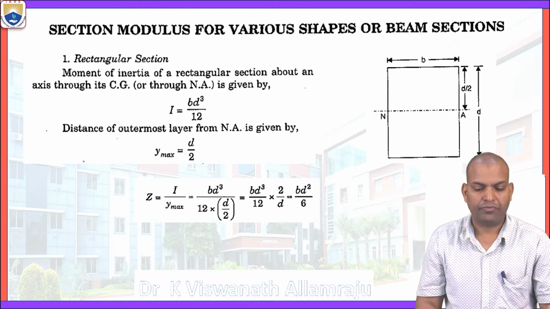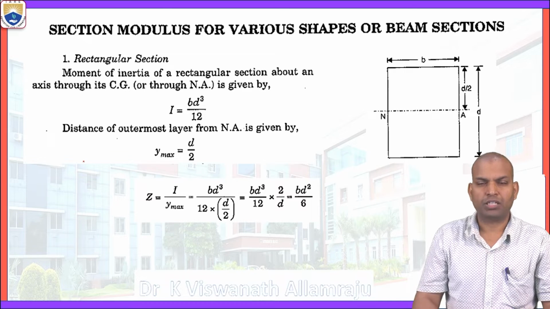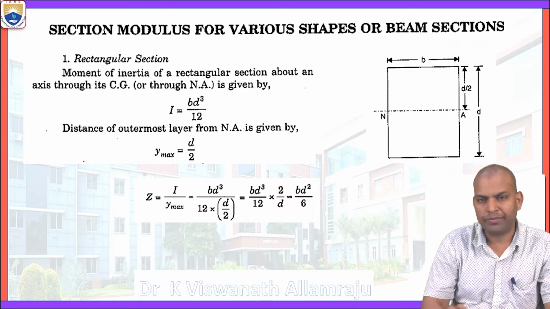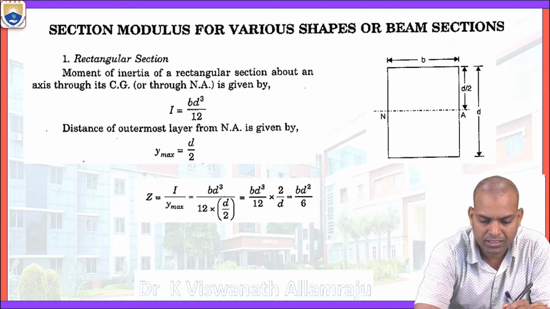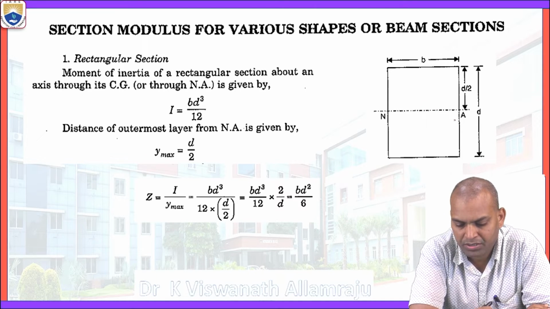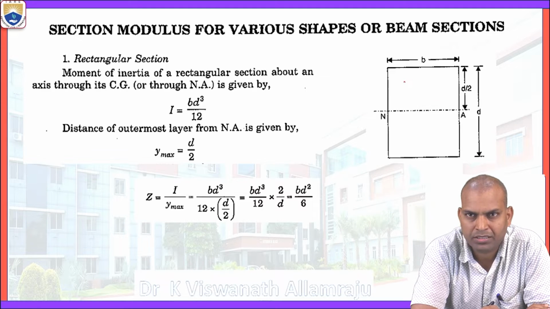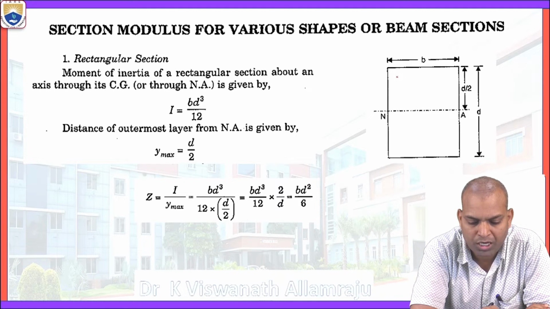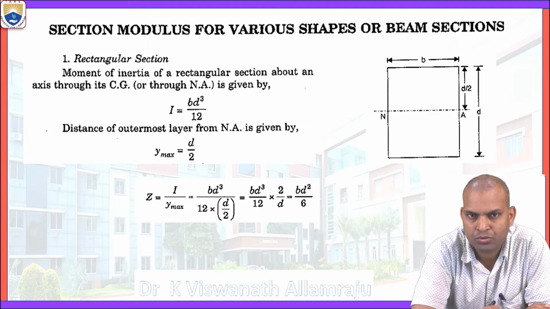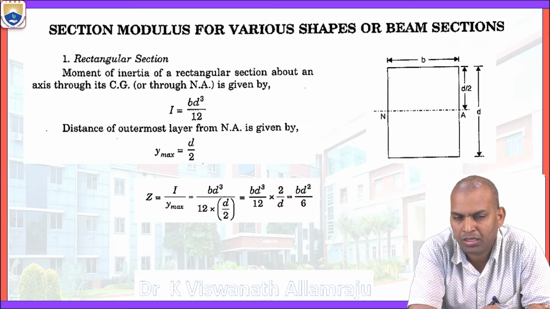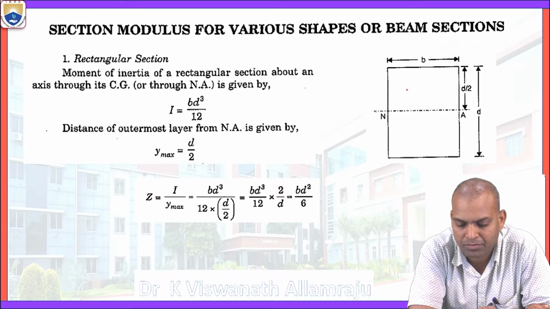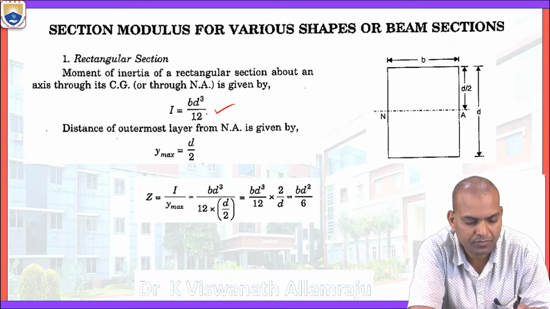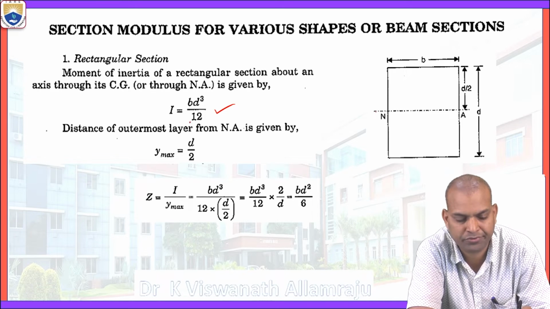Now we are going to study the section modulus of various geometries or sections. Here it is the rectangular section. The depth is d and the breadth is b. So I by y maximum, what is the I value? This I is the moment of inertia about the neutral axis parallel to the x-axis, that is b d cube by 12.